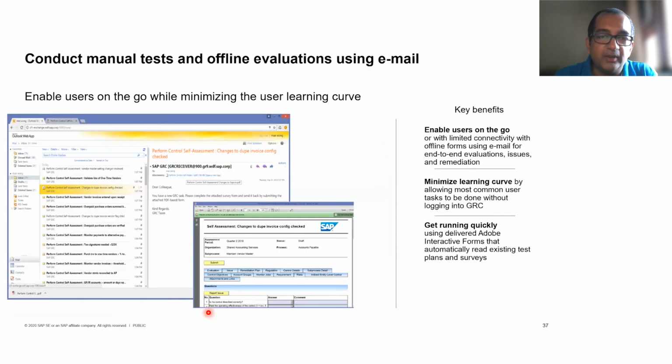So right up to the very lightweight control owners, you want to just send them a small questionnaire by email on a regular basis, we can do that as well. So it's not like the control owners need to actually log into the system every now and then. We can very well just send them an offline questionnaire wherein they can provide their views, their comments, their answers, etc., and then the system just collates all of those responses as well. So a lot of flexibility in terms of how these controls also get executed.